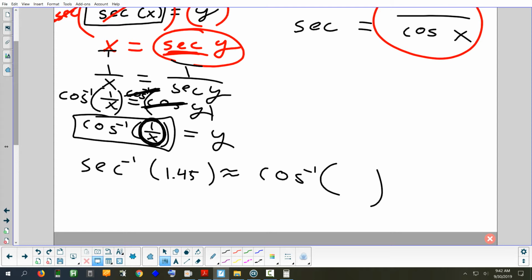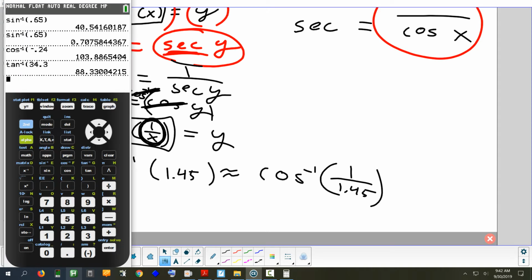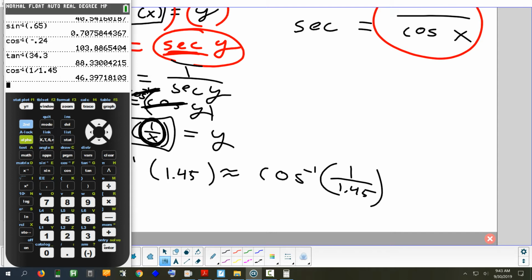You do 1 divided by 1.45. Yep. That's the only way to type in a problem like that. Okay. Find the trig function you have a button for, but flip what's inside. So it's flipping, but it's not quite flipping everything. You're just flipping what's inside. 1.45. And we get 46 point, if we round it, it's 46.40.